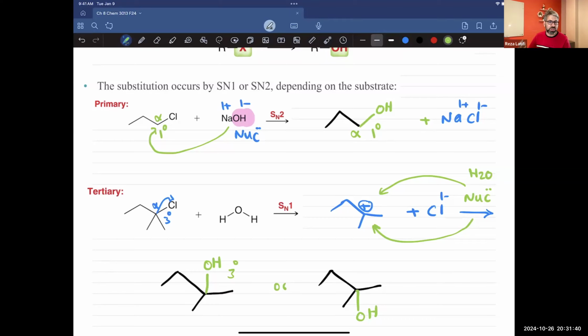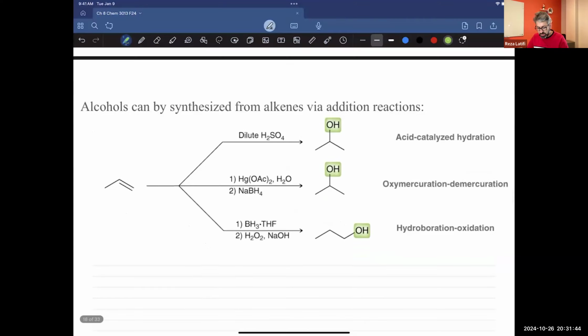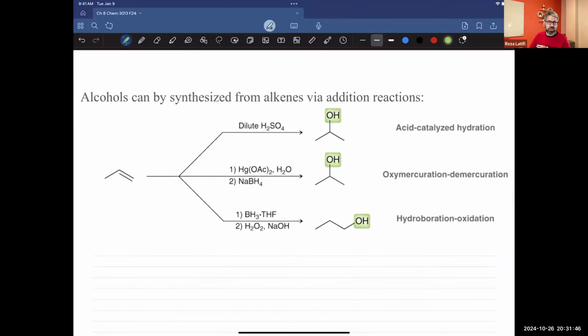The secondary alcohol, we can get it through different methods. I'm going to show some methods that are capable of creating a different range of alcohols. The first one is going to be the diluted aqueous acidic solution. I'm going to call this one 1, and this is going to be 2.